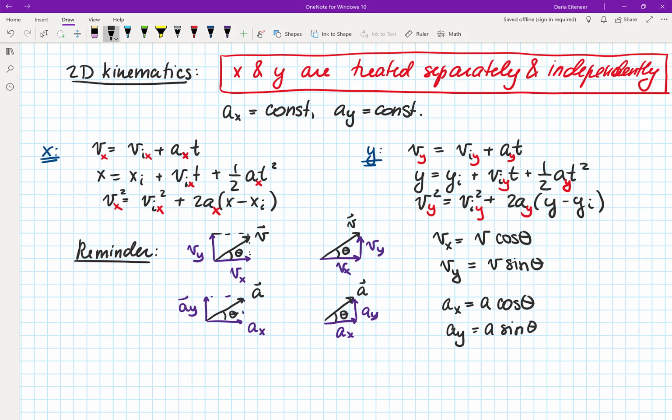All we're doing is taking velocity vector and acceleration vector and resolving each one into components, keeping in mind that what we need to do is treat x and y separately and independently. Now, there are a lot of different two-dimensional motions.